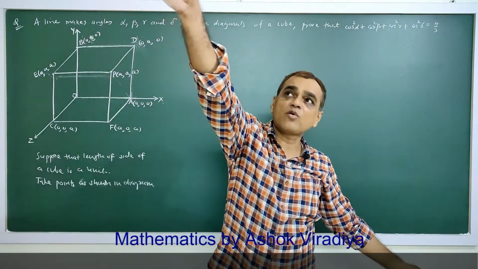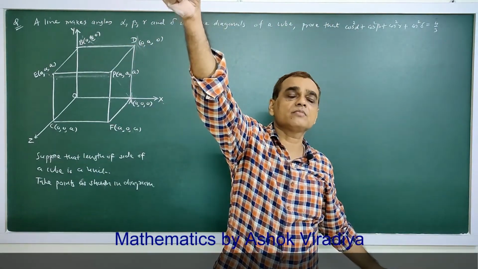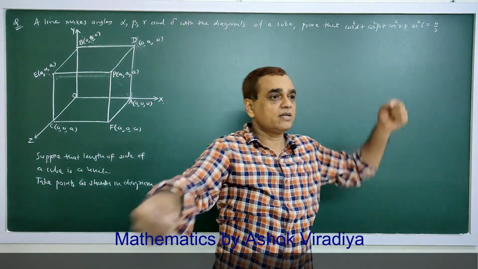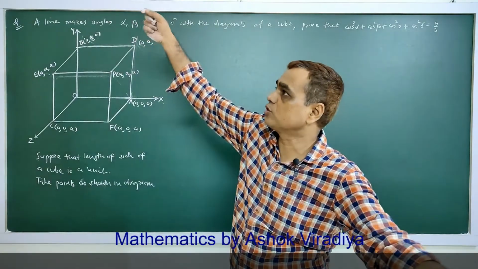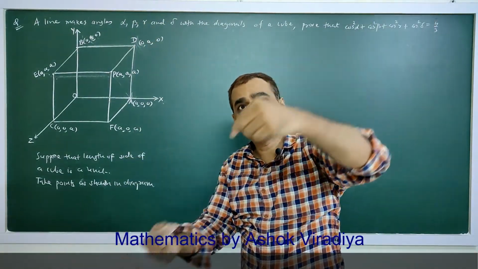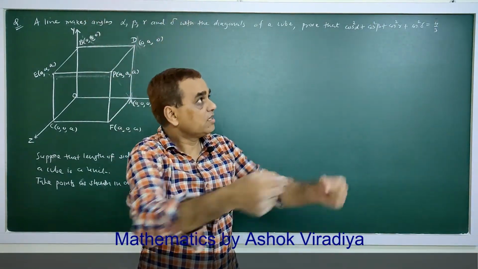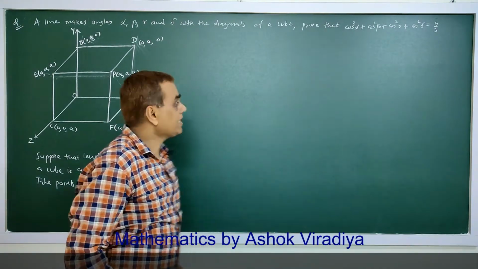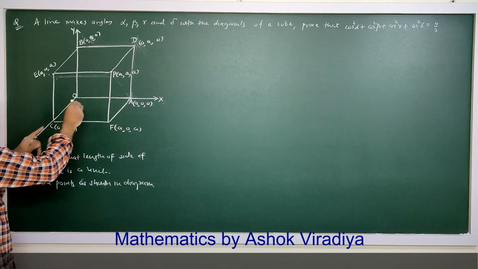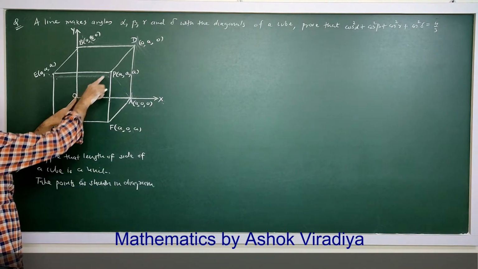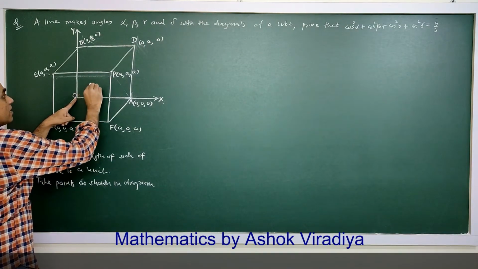This is diagonal 2. Similarly, diagonal 3, diagonal 4. So 1, 2, 3, 4. So showing in this cube, the first diagonal is O. Opposite to the point O is P. So OP is a diagonal.